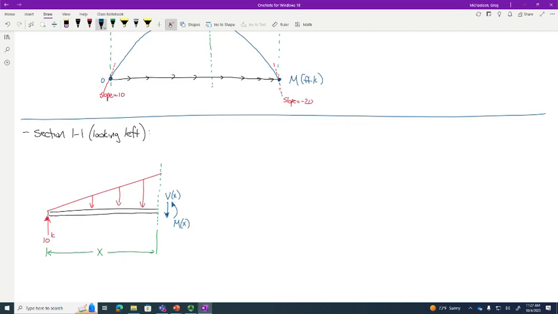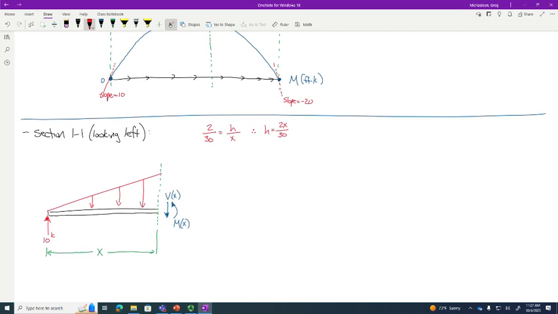Now, let me ask you this. Is that height 2? No, it's not. It's only 2 at the very end of the beam. I need to know what the height is right here. So how do I determine what that height is? Well, what did we do last time? We said 2 is to 30 as height is to x. Therefore, the height is 2x over 30.